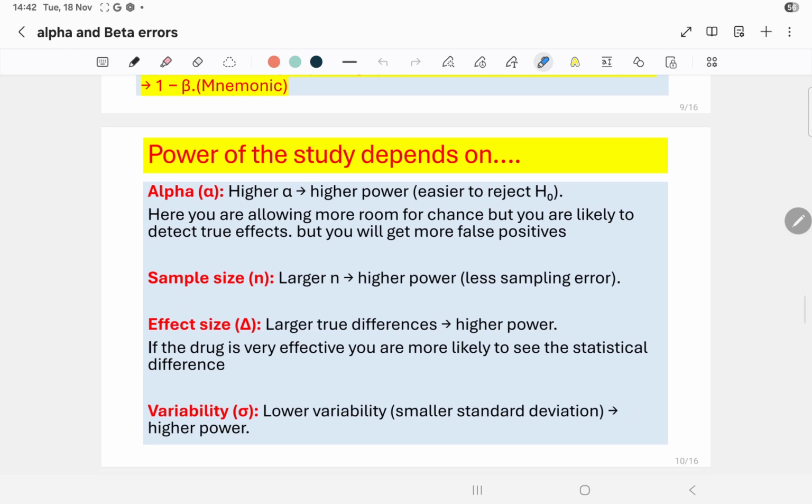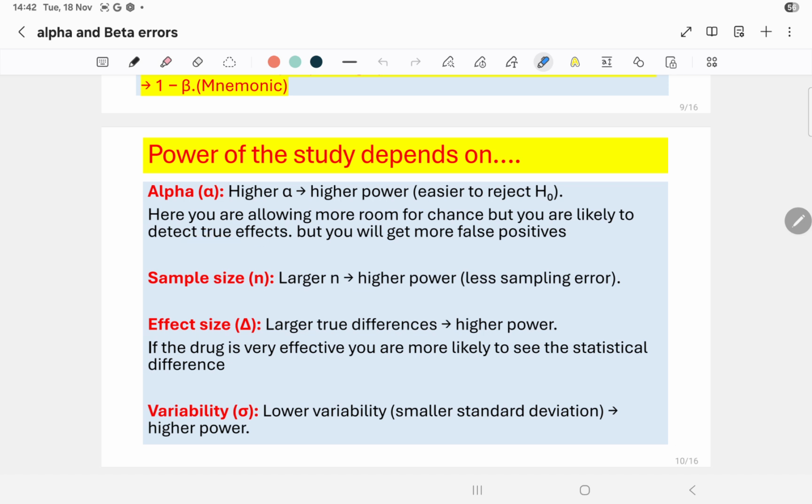On what factors does the power of the study depend? We have already discussed that higher alpha means higher power, because the more room you allow for chance, the more likely you are to detect the true effects. The more alpha error you allow in a fixed sample size, the lesser your beta error is.